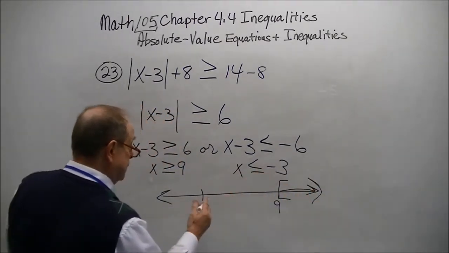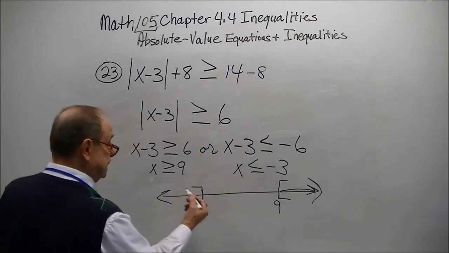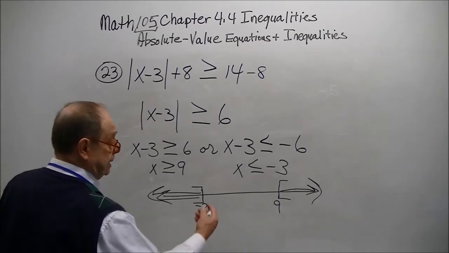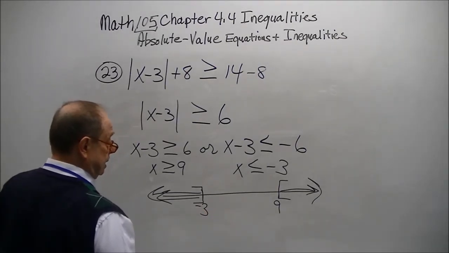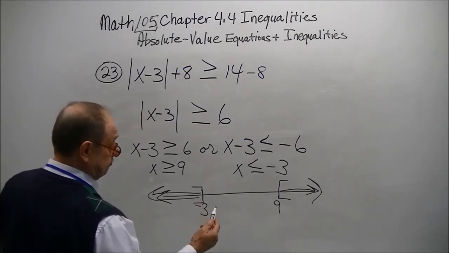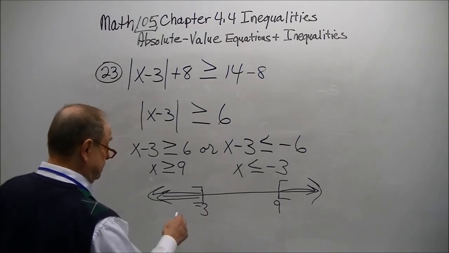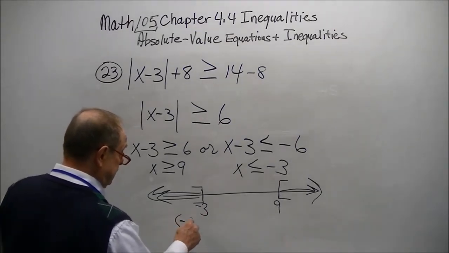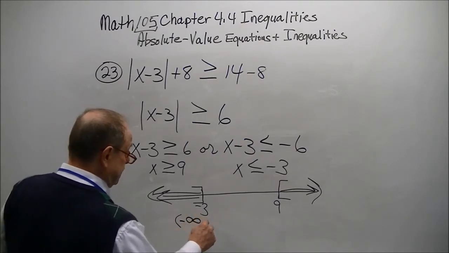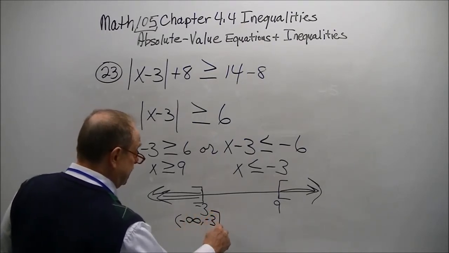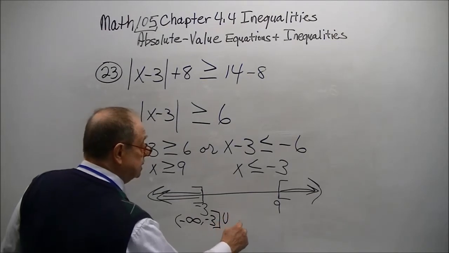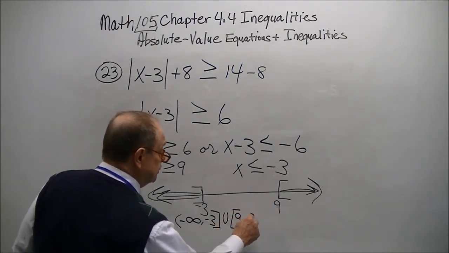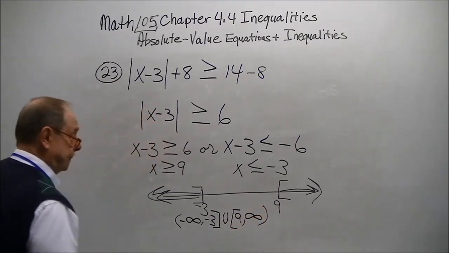And for this one, we're also going to use a bracket, but facing left. And again, a disjunction. And the interval notation of this would be from negative infinity to a negative 3, bracket, union, bracket 9, to positive infinity.